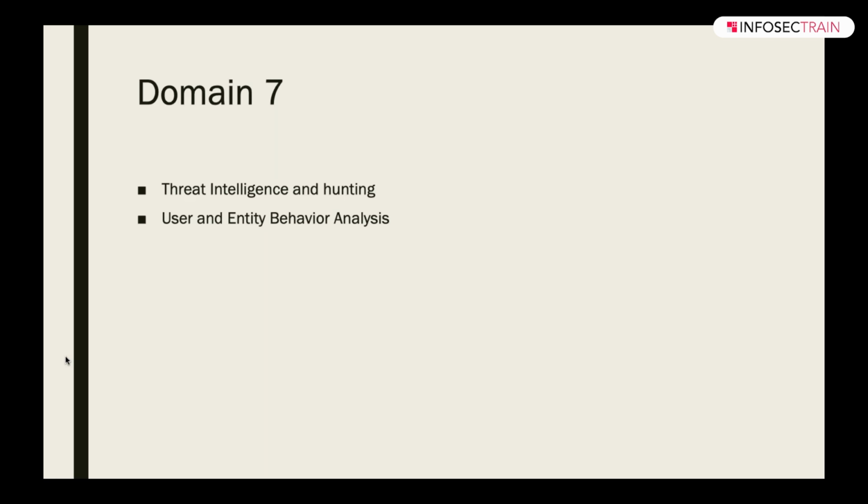Then you have user and entity behavioral analysis, or UEBA. User and entity behavioral analysis is one of the requirements that I believe has been inspired by the intelligence agencies across the world. It is about understanding normal behavior. So what exactly do organizations do?